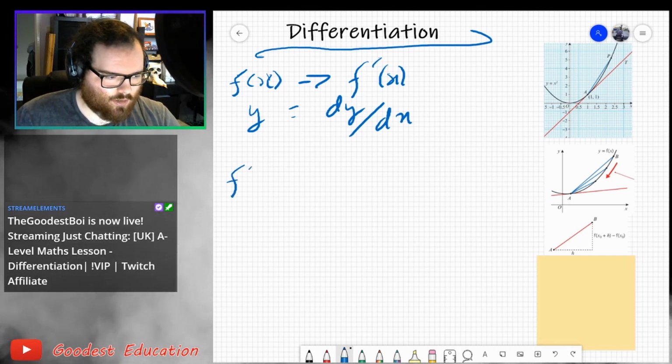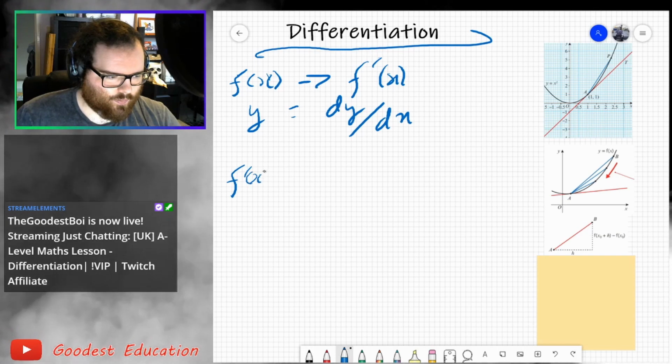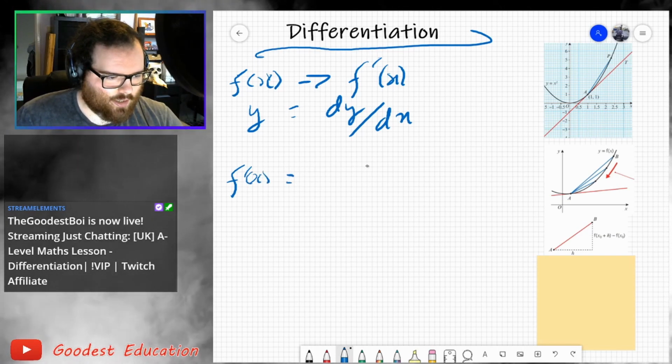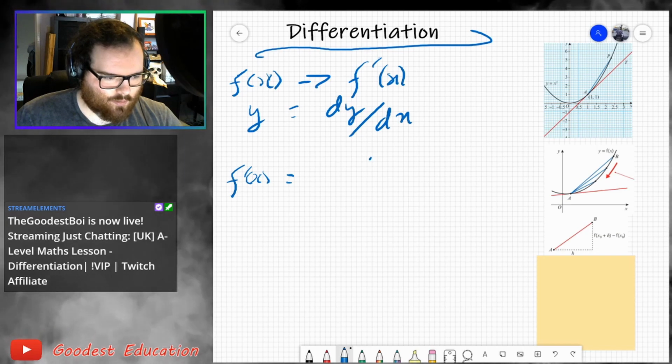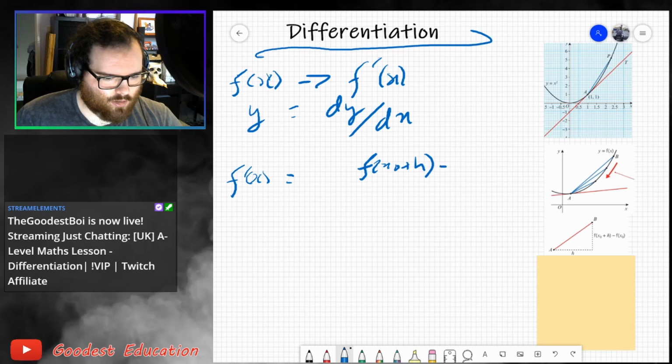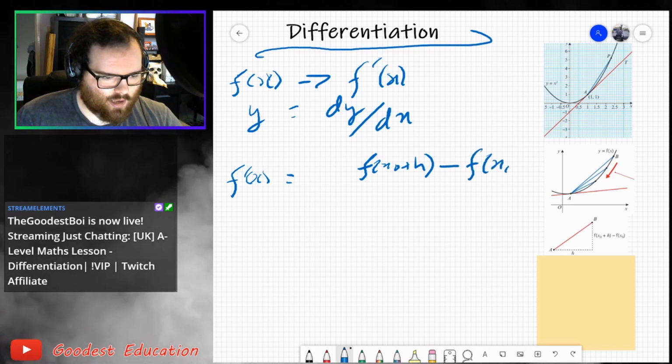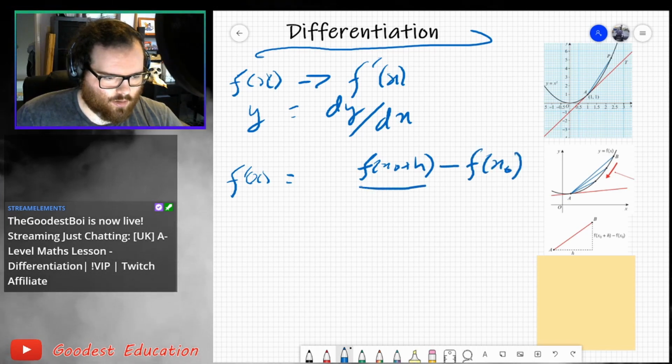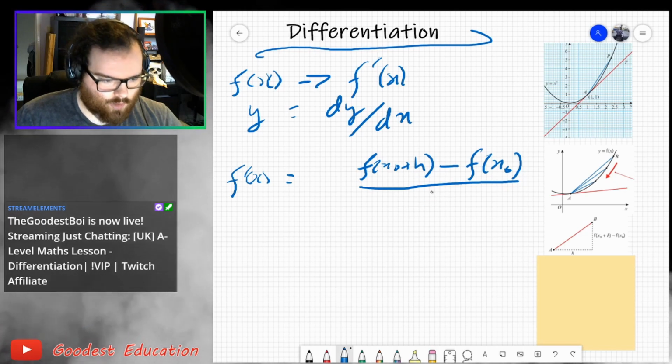So the differential of f(x) is going to be equal to the change in y, which is f(x0 + h) minus f(x0), over the change in x, which is h.